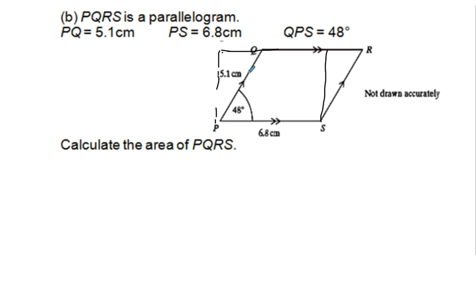Okay, all right, so if you have to calculate the area of PQRS, you can tell that it's going to be, again, the length times the vertical width. So I know it's going to be 6.8 times, and now I have to find that height there.